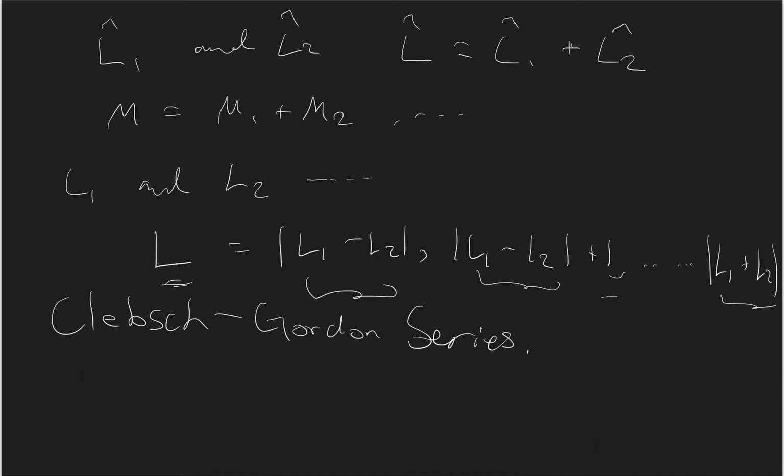So for each resulting value of L, there is a unique multiplet of 2L plus 1 states. So for all L, there's 2L plus 1 states.